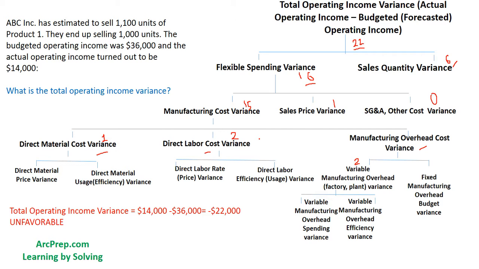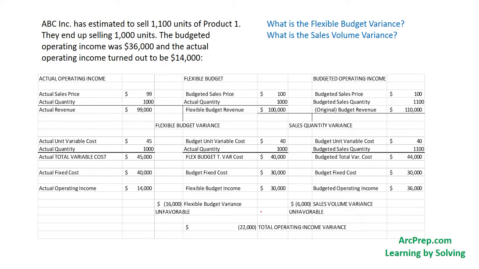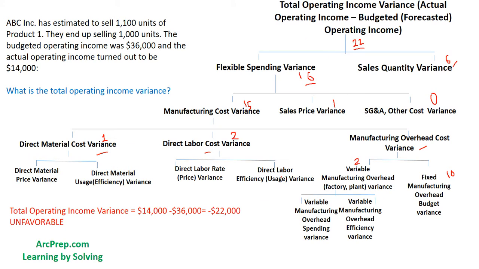In order for them to add up, fixed manufacturing overhead budget variance needs to be $10,000. Is that the case? If you look at the actual fixed cost minus the budgeted fixed cost, yes, the difference is $10,000.